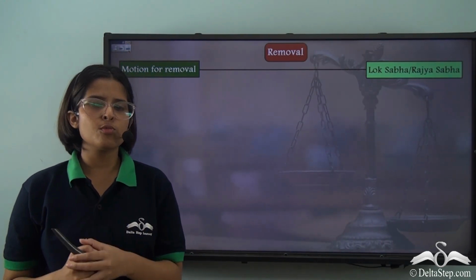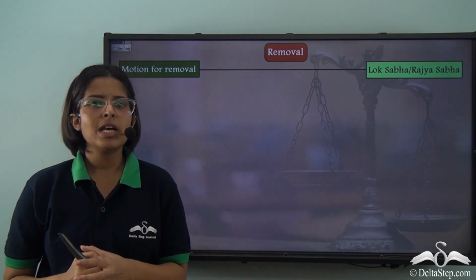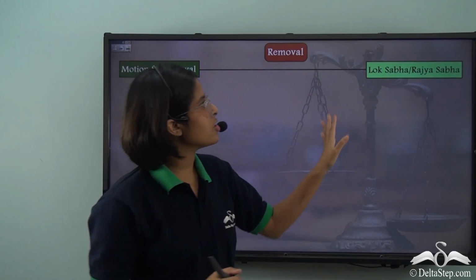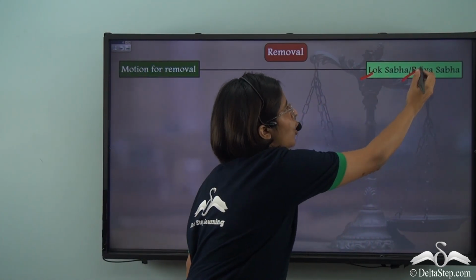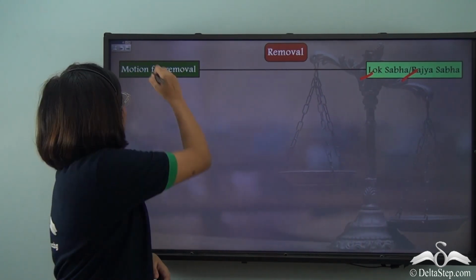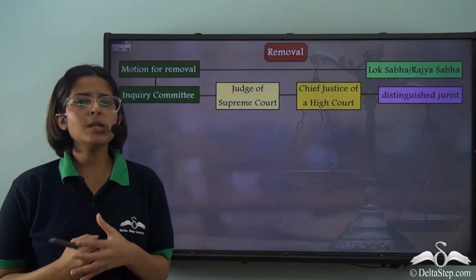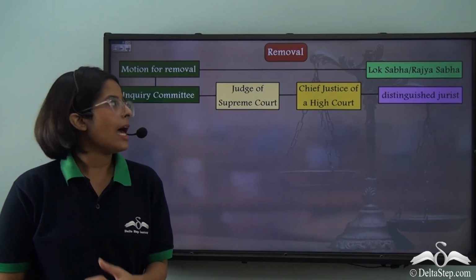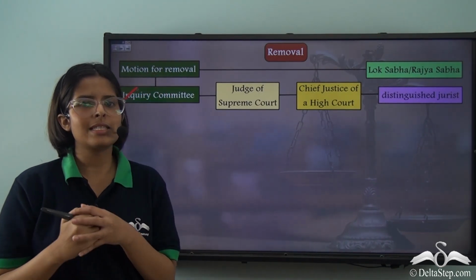So, a motion for removal of the High Court judge has to be initiated in either House of Parliament. So, it can be initiated either in the Lok Sabha or in the Rajya Sabha. After the motion for removal has been initiated in either House of Parliament, an inquiry committee is set up.